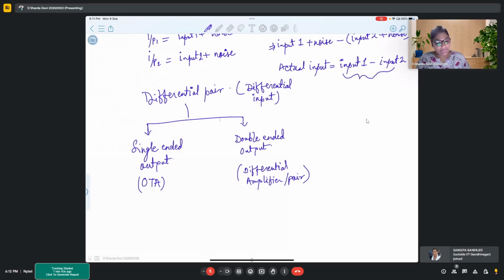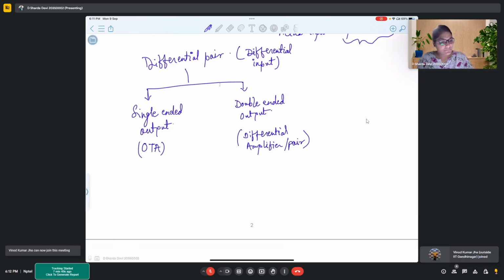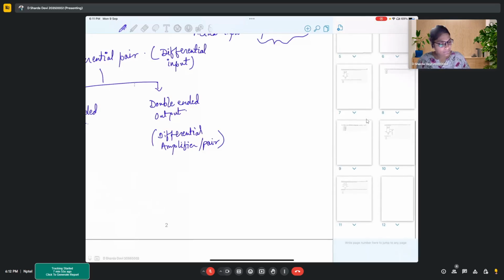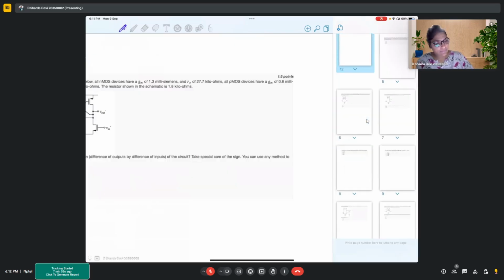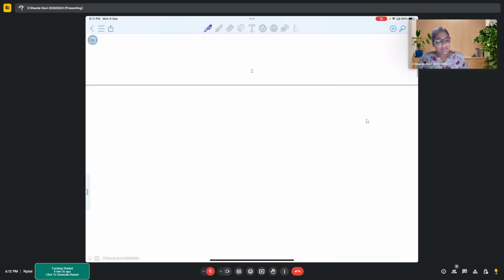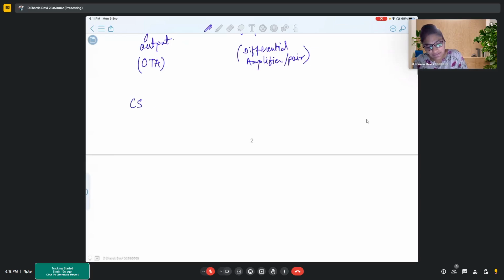Now, how does this differential amplifier, differential pair circuit look? We know that from MOS amplifiers, we get the best amplification from the CS configuration, which gives the best results with respect to resistances and everything.